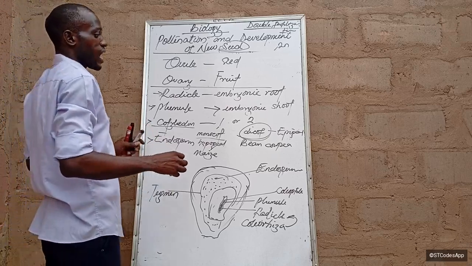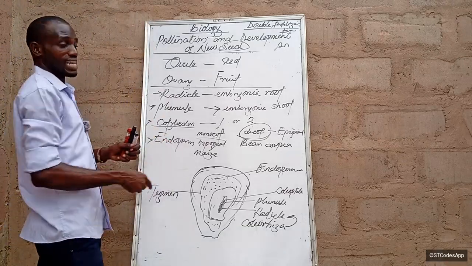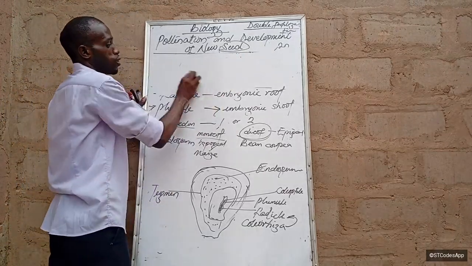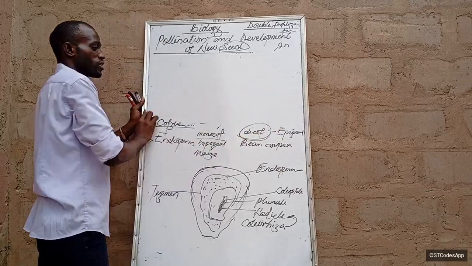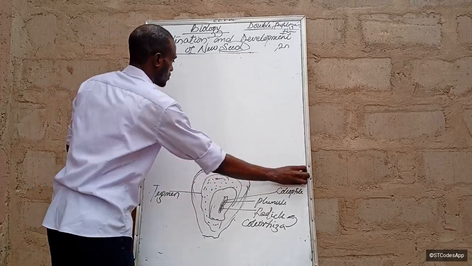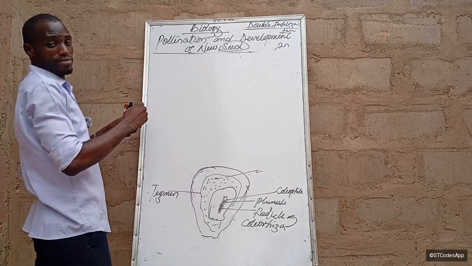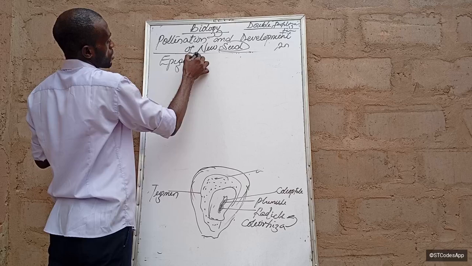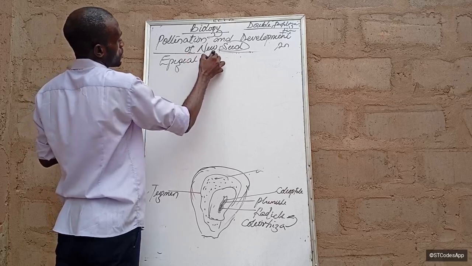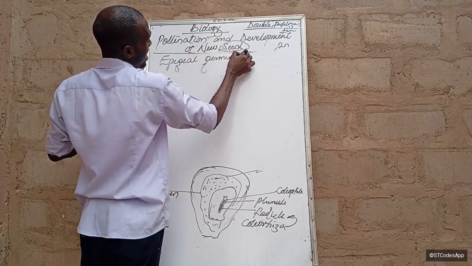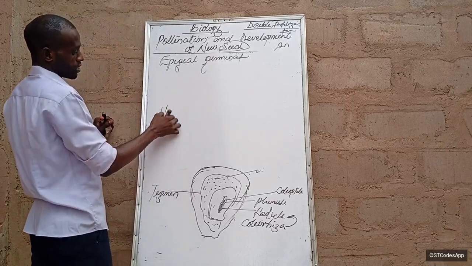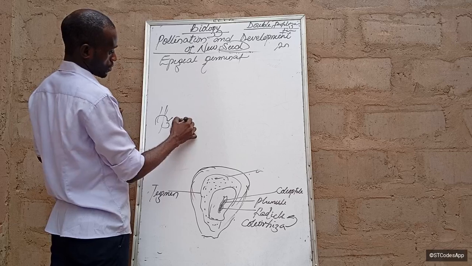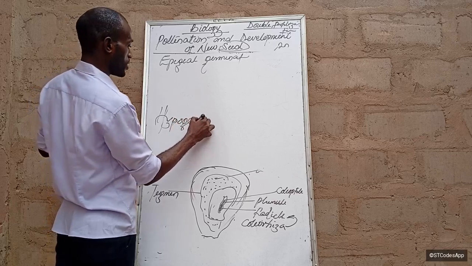Now, how does it germinate? When you plant that seed that has been formed, how does it germinate? There are two types of germination. We have the epigeal germination, and the hypogeal germination.